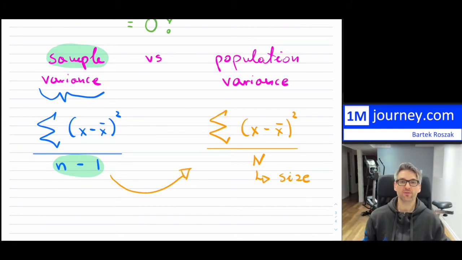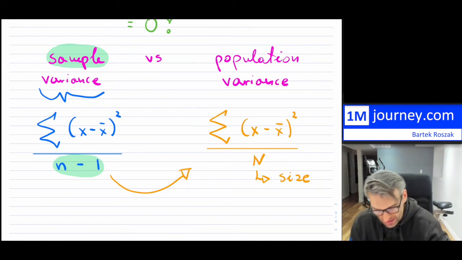There are ways to show that, and I'm not going to do that in this video. So when you're just beginning, you have to take the sample variances and divide by n minus 1, but keep in mind that the reason is that it better approximates the overall variance most of the time.